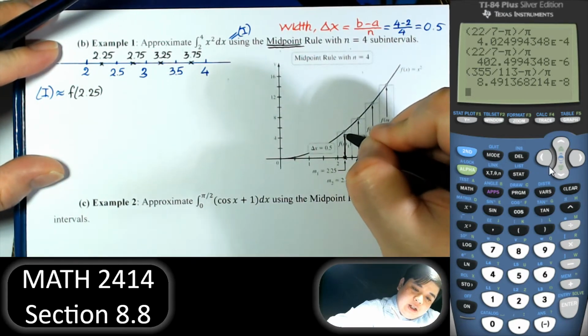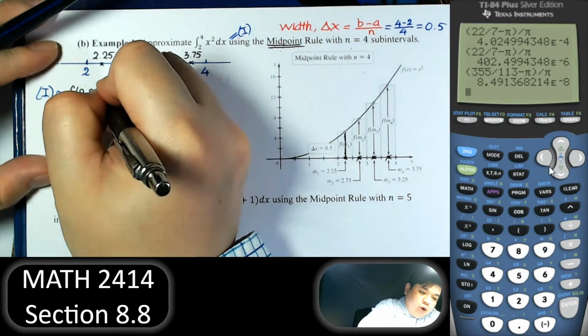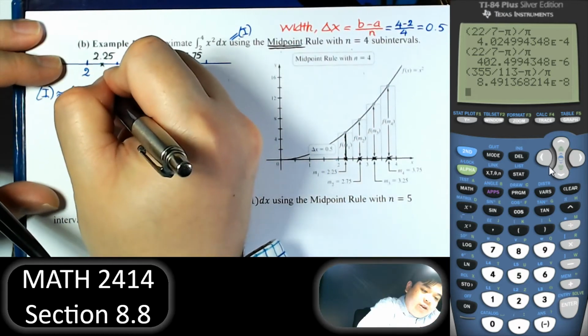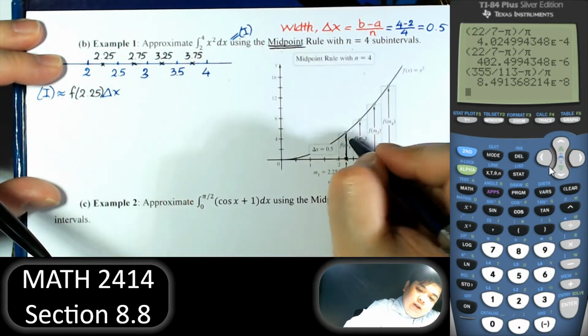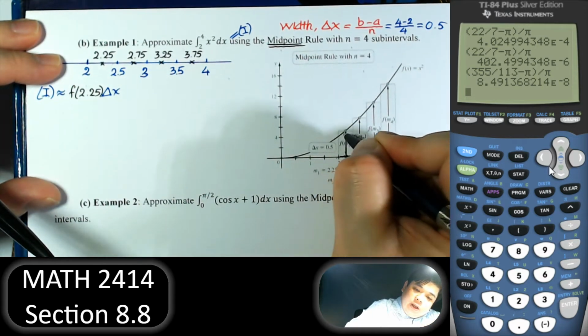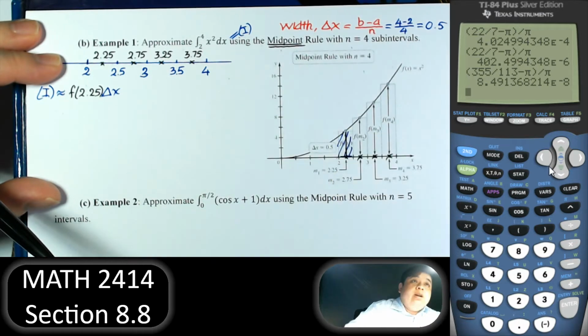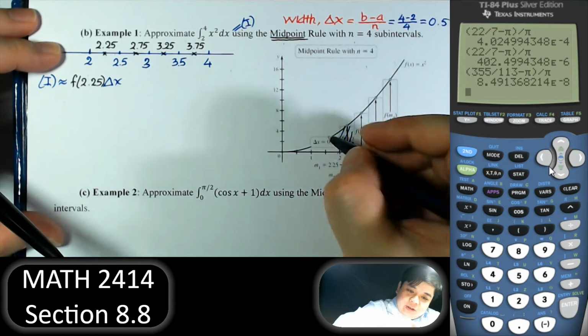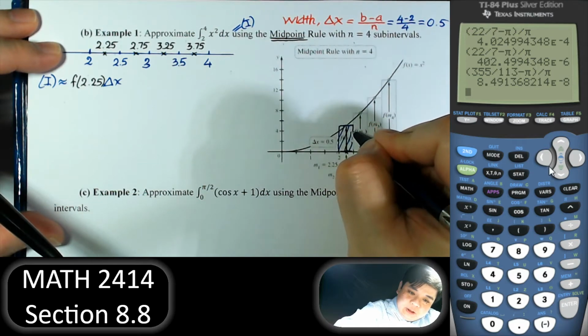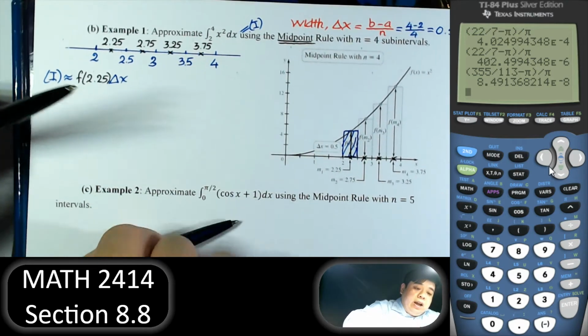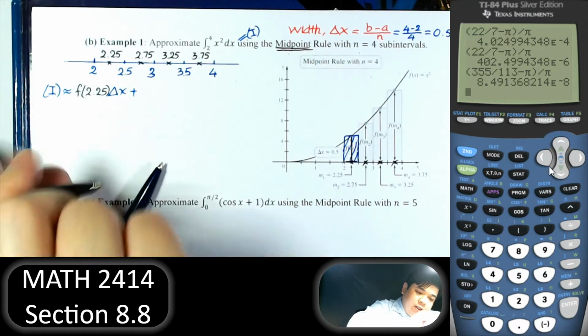That gives us the height, and then we multiply by the width, which gives us the area of the first rectangle, and so on.